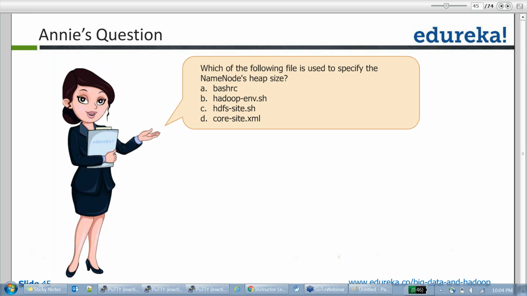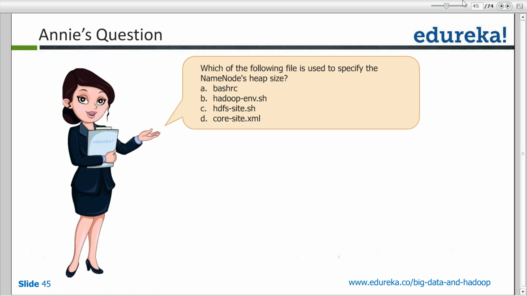Guys, remember, heap size is a Java property. If I want to increase the Java heap size of the name node, where should it go? It should go in your environment file, hadoop-env.sh. It's an environment setting. It's not specific to HDFS or core-site. It's the Java size, and it always goes in hadoop-env. The right answer for this is hadoop-env.sh.